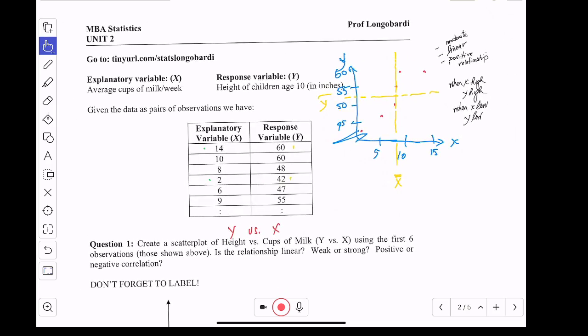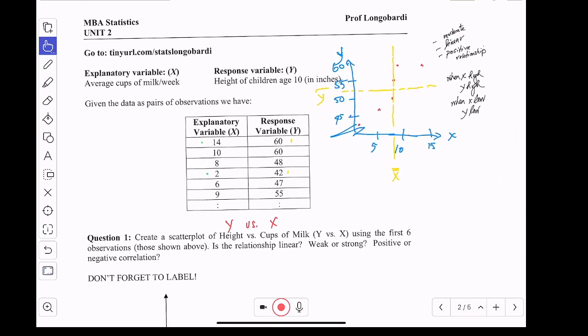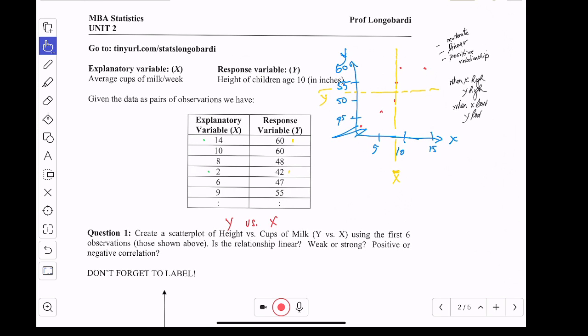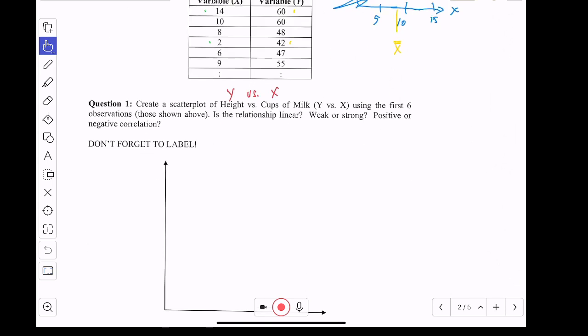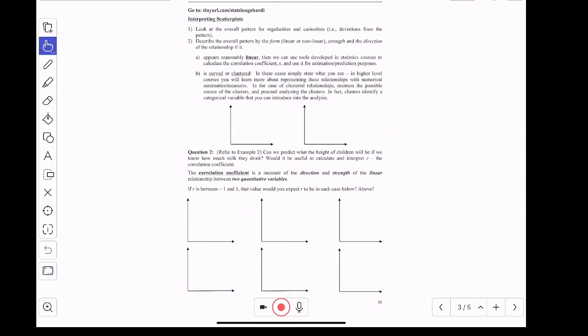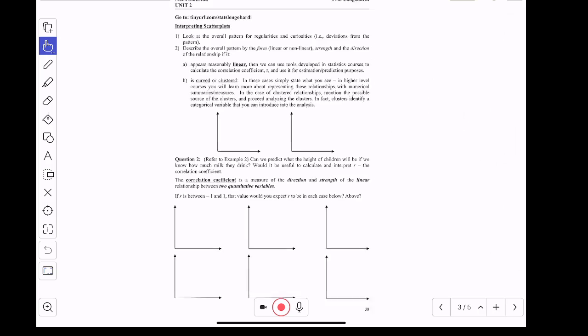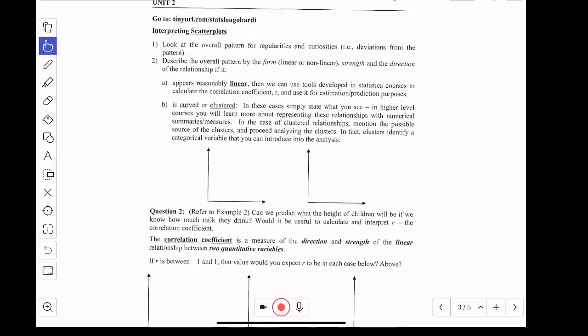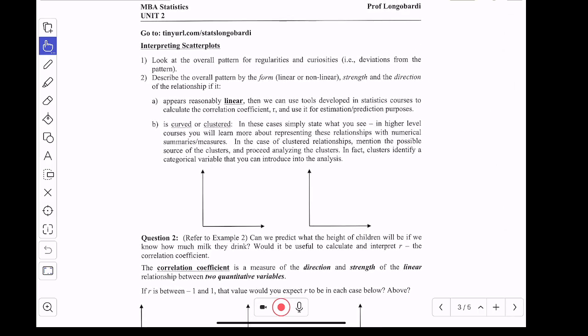So I did that already. Okay. So we need to make a scatter plot before anything's done.